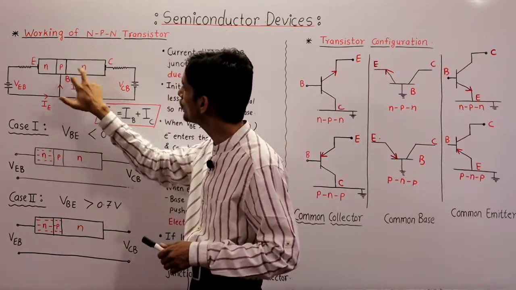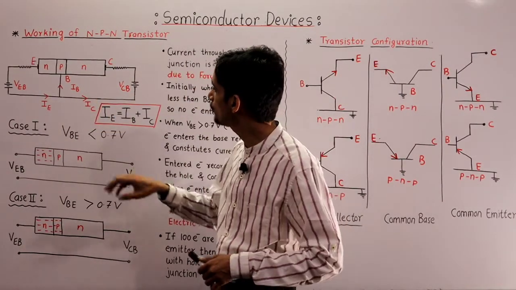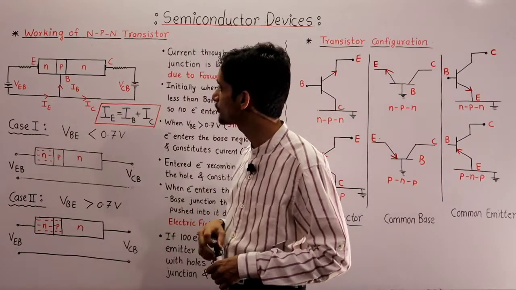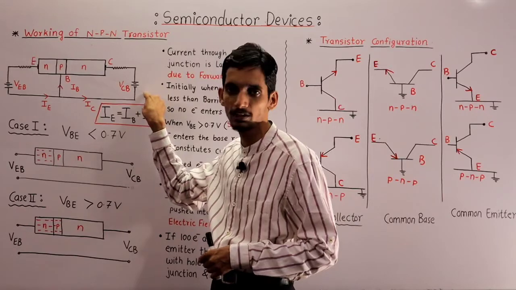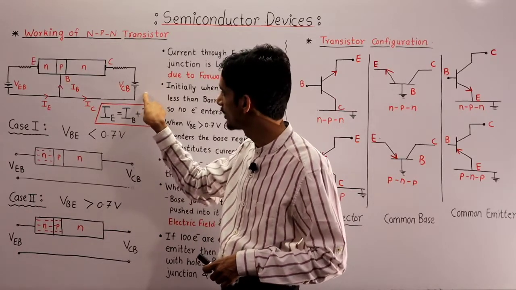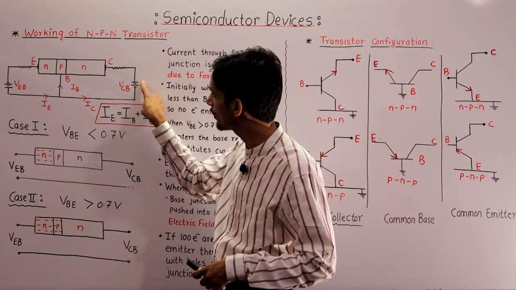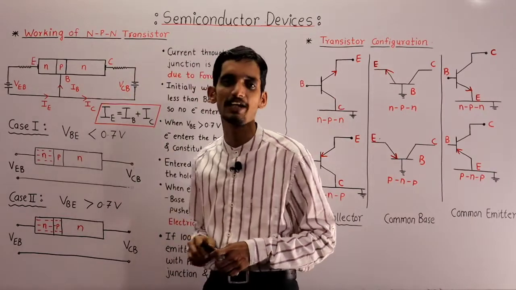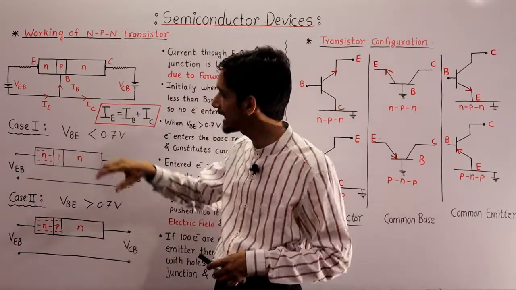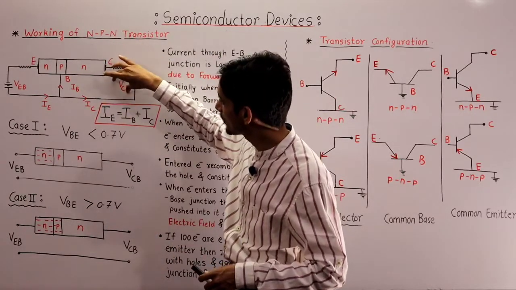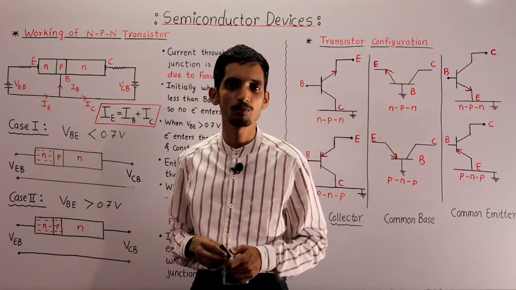Similarly, the collector to base junction is reverse biased. To make the collector to base junction reverse biased, you have to connect another battery, VCB, in such a manner that its positive terminal is connected to the N side and its negative terminal is connected to the P side, so that this CB junction is RB and this BE junction is FB, that is forward bias.